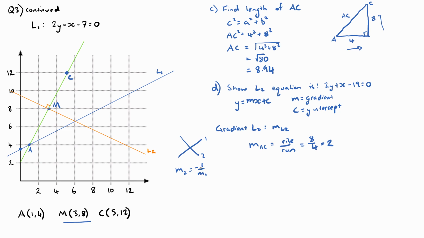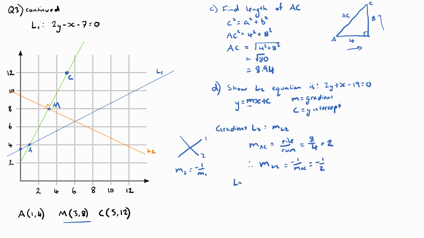So that's the relationship there. You go minus 1 on the gradient of the line perpendicular. So therefore, the gradient of line L2, our orange line here, is going to be minus 1 on the gradient of AC, and therefore it's minus 1 on 2. So there's a bit to that, but we have now found the gradient of our line L2.